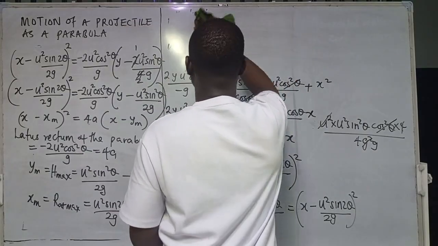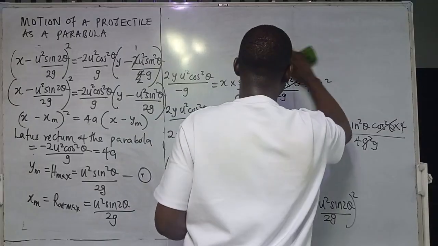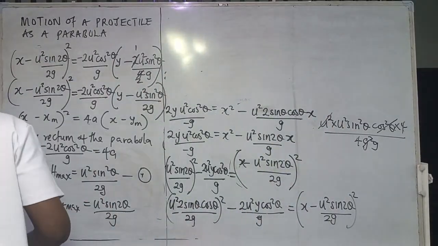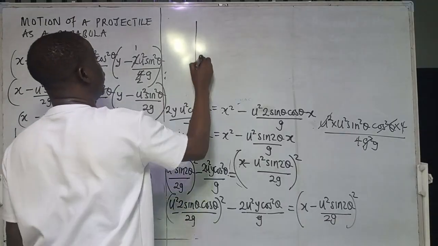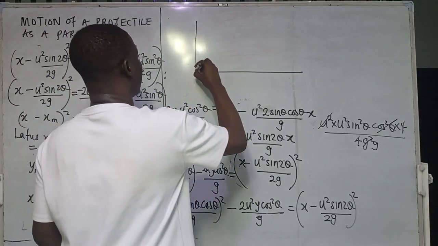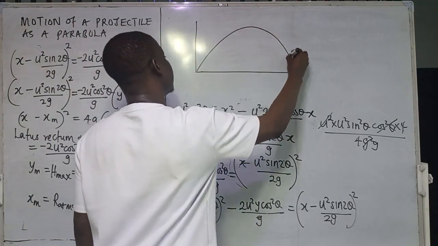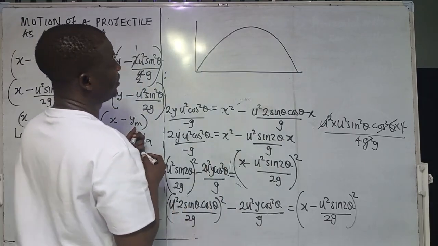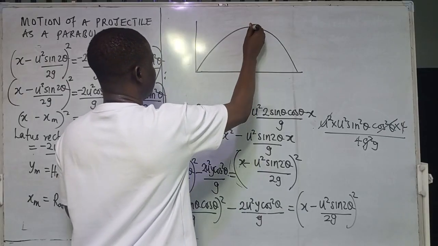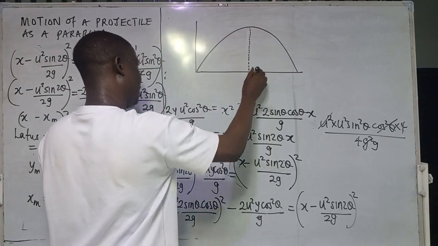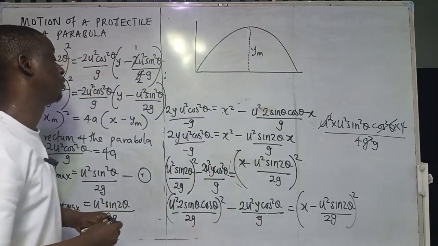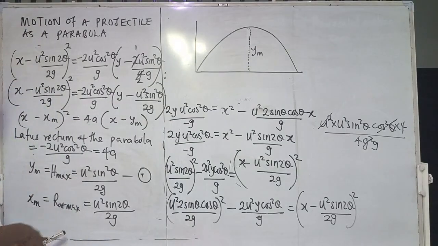look at what I want to see, because I want to end this section. In the next section, we are going to look at the different cases of projectile. Now, this one will go like this. This particular curve of the parabola, this one, is the maximum height, y max of the parabola, which is this one.